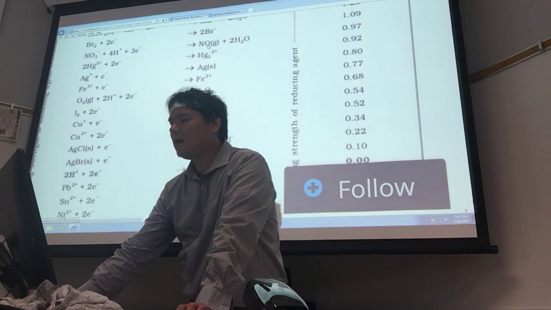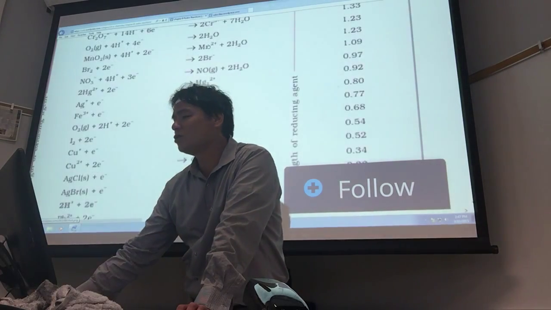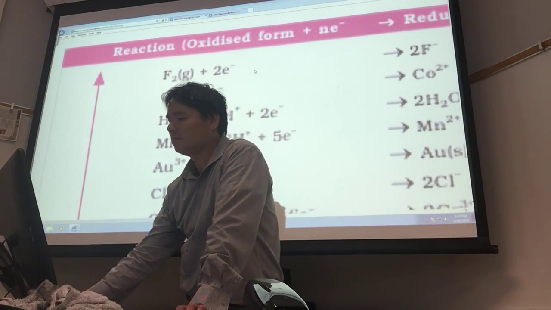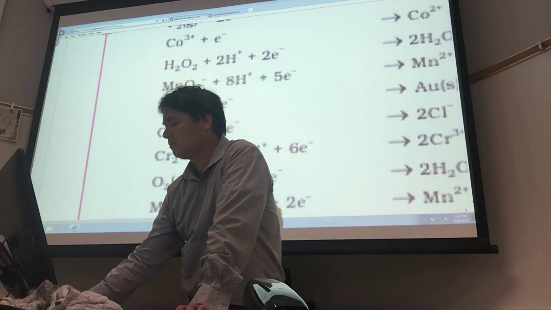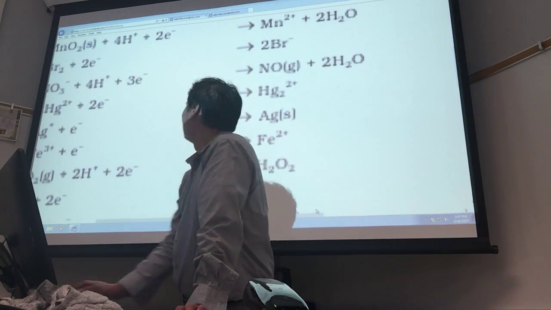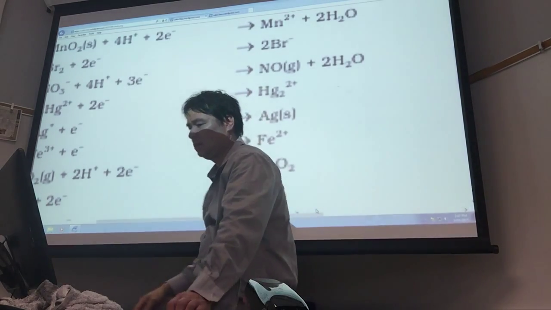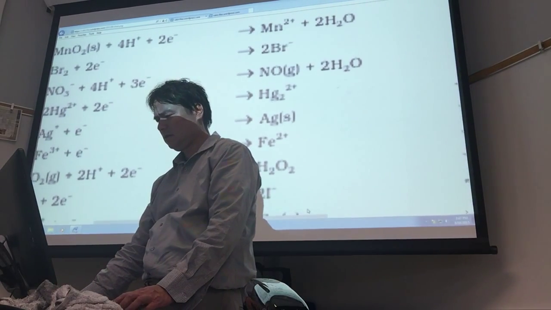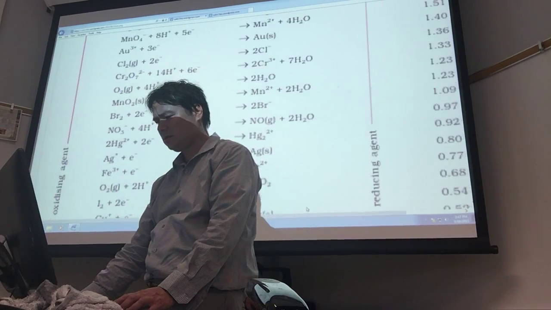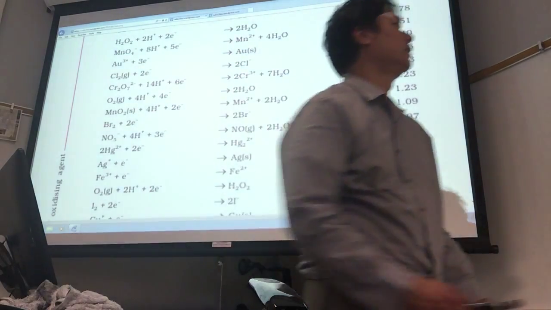And then as we continue up, we will see NO and H2O here. Here, NO and H2O, here's silver metal. This resolution is pretty bad. We'll switch the chart pretty soon.